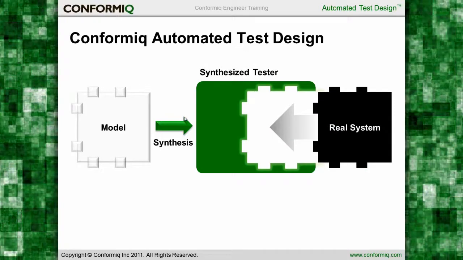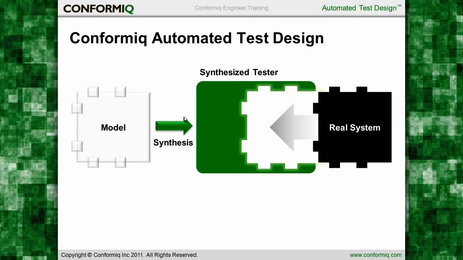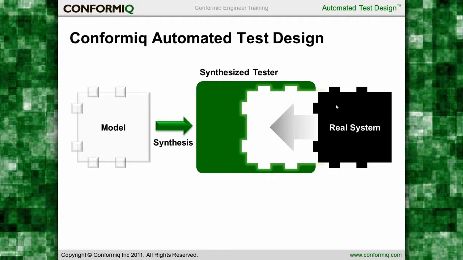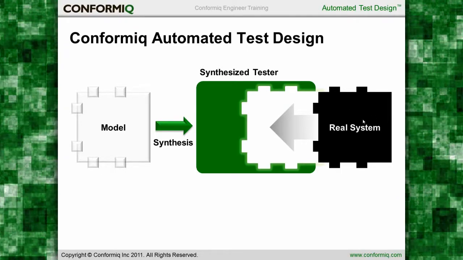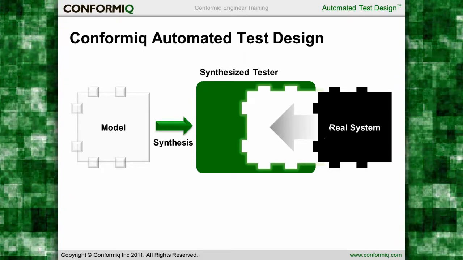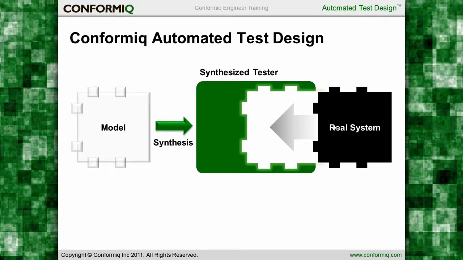This slide then describes how Conformiq automated test design works. The way you see your system under test, or your real system, is that it's a black box here with a number of distinct interfaces, and then the system interacts with its environment through these interfaces.